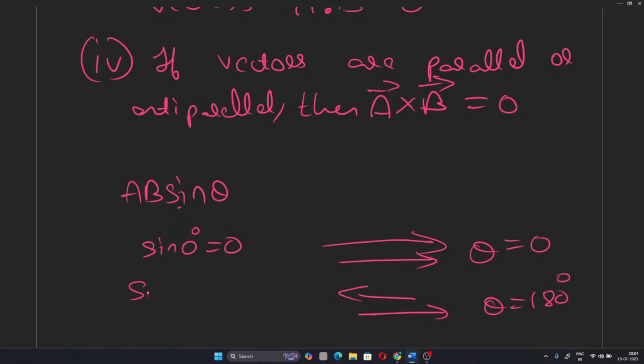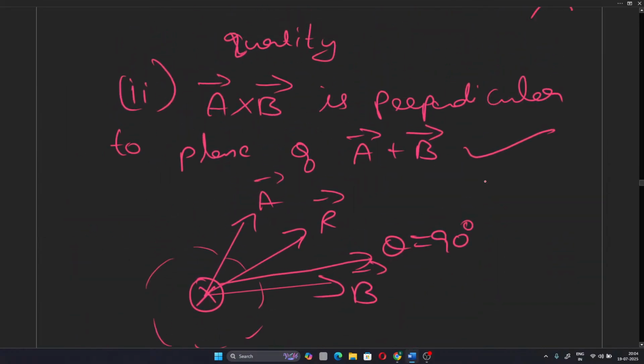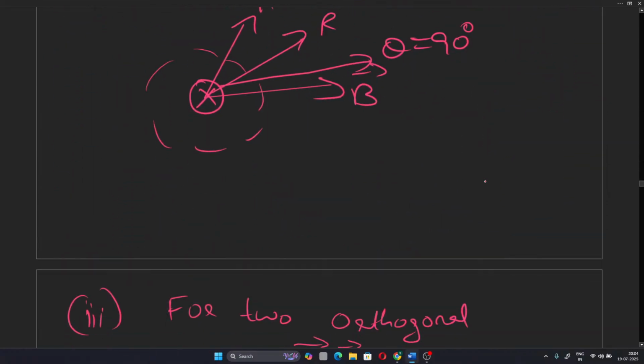Here as well, sine 180 equals 0. So in both cases, the final product will be 0. So this is also a correct statement. The second, third, and fourth statements are correct, whereas the first one is wrong.